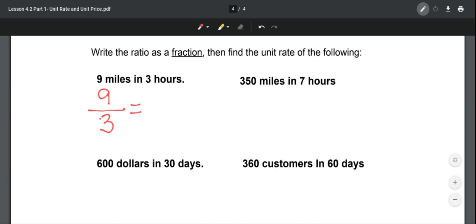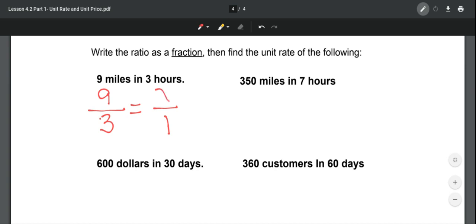When we try to find the unit rate, well, we want to find per hour. So in our second ratio, we would have our denominator represented by the number 1, because we want to know for 1 hour how far this person will have traveled.